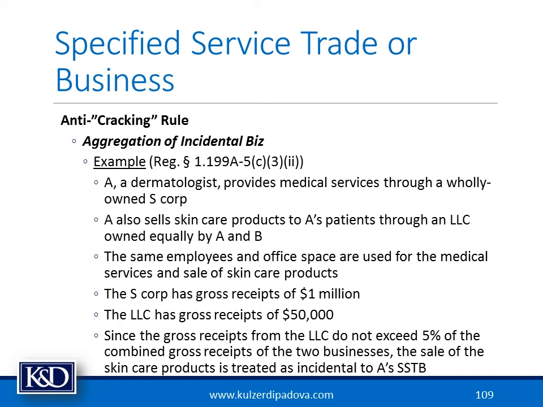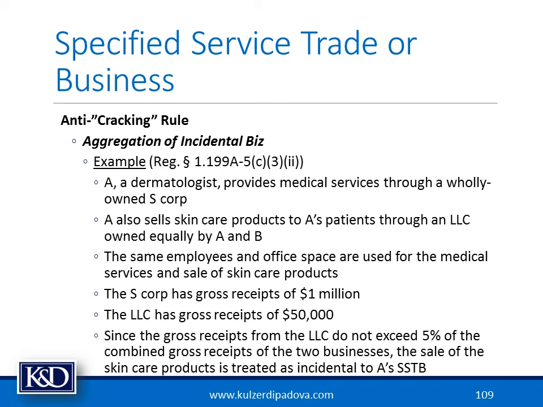The one rental activity, which the case law has said is not necessarily a 162 trader business, are triple net leases. So if you have a business that is on a triple net lease, it probably will not be considered a 162 trader business.